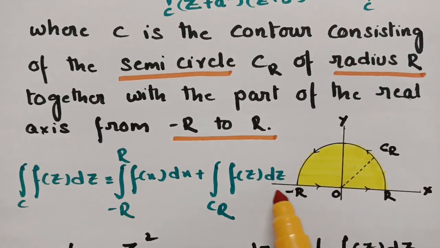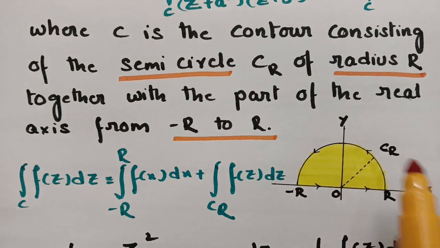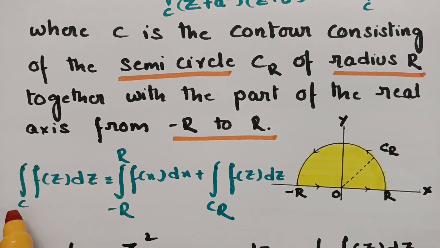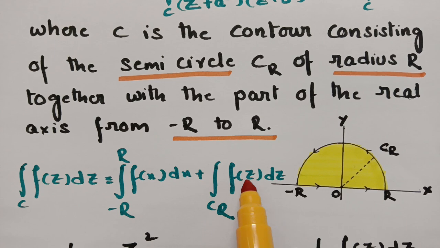If you observe this, this is a closed contour with the real axis from minus R to plus R, and the next thing here is the semicircle CR, with center 0 and radius R. Now the total integral over c of f of z dz will be the integral from minus r to plus r, as this is the real axis, I have taken x here, f of x dx, plus the integral over the semicircle cr of f of z dz, where cr is a semicircle with center 0 and radius r.